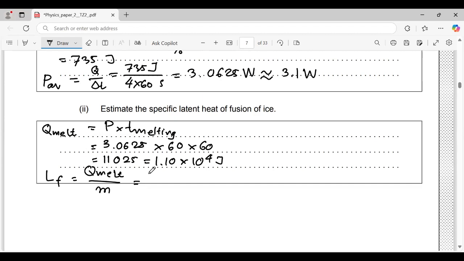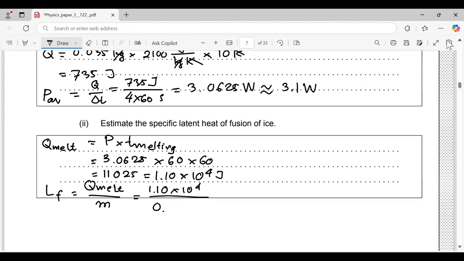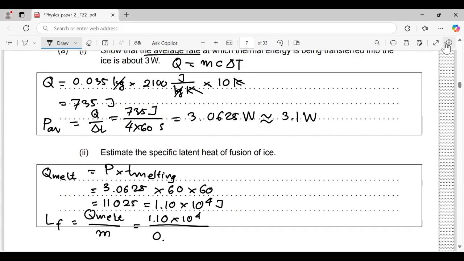Q melting is 1.10 times 10 to the power 4 joule over M. Let me see the mass. I forgot mass. This one, 0.035 kg.